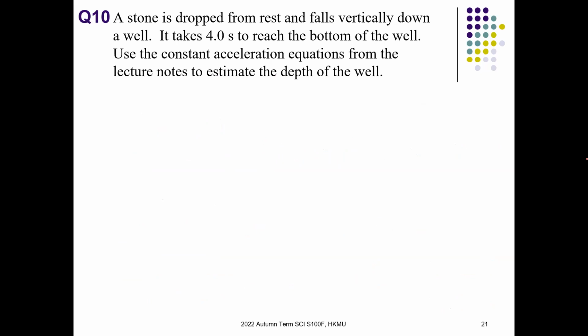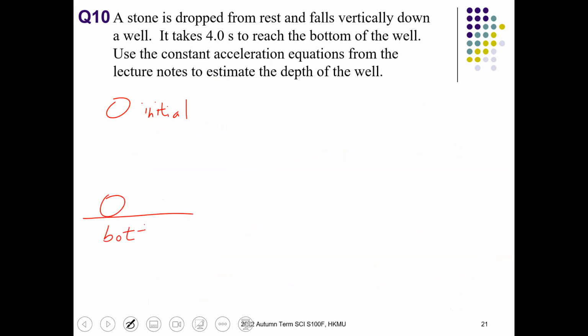In question 10, we consider we are dropping a stone at some point and it reaches the bottom of the well. This is what we have if we drop the stone, which falls vertically downwards.